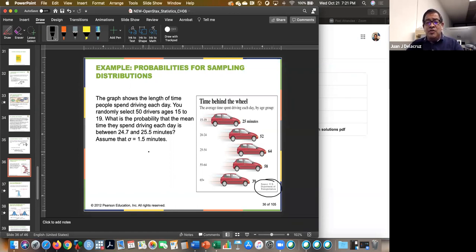So the question is the following. Even if I don't know the underlying distribution here, I'm going to assume that this data comes from normally distributed data. Furthermore, I have 50 drivers. I was saying that when the sample size is at least 30, I can use this normal distribution assumption.